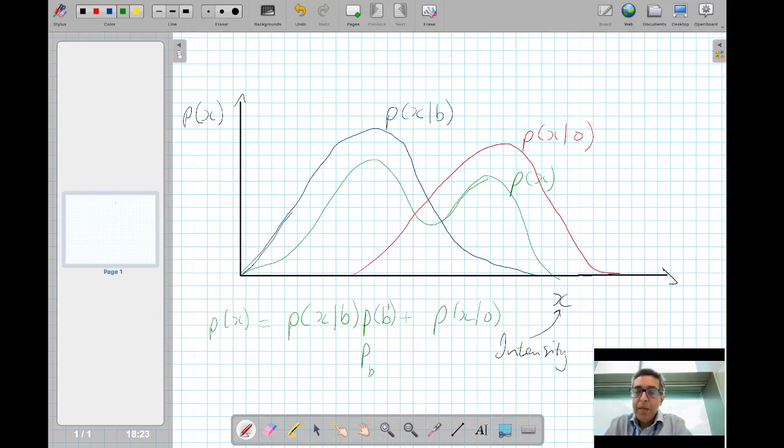And so the prior probability in this case has a very intuitive meaning, which is just the proportion of pixels in the image that belong to the grass region.